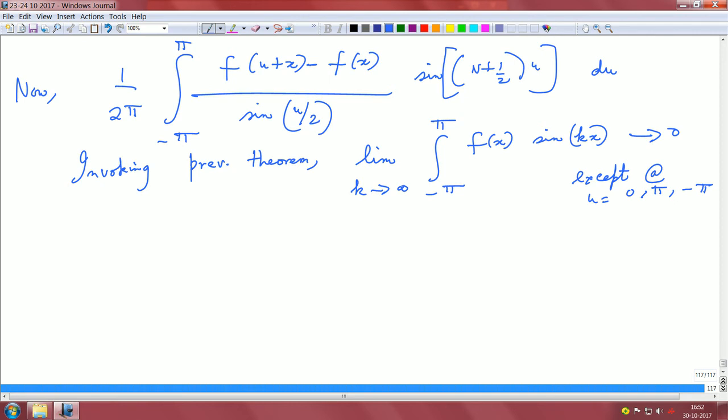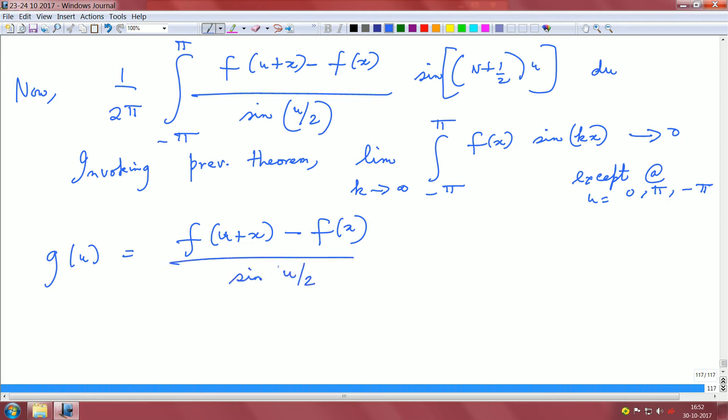So, now let us see what is happening here. Let me write this function g of u as f of u plus x minus f of x over sin u upon 2.